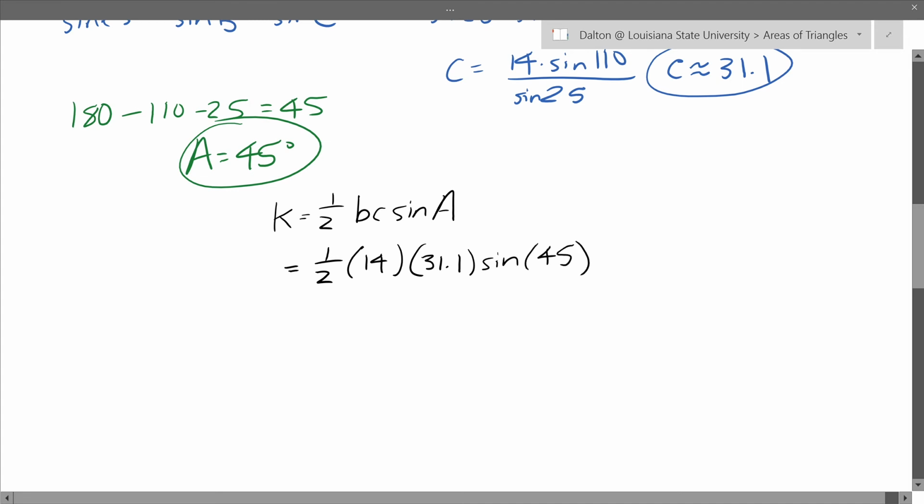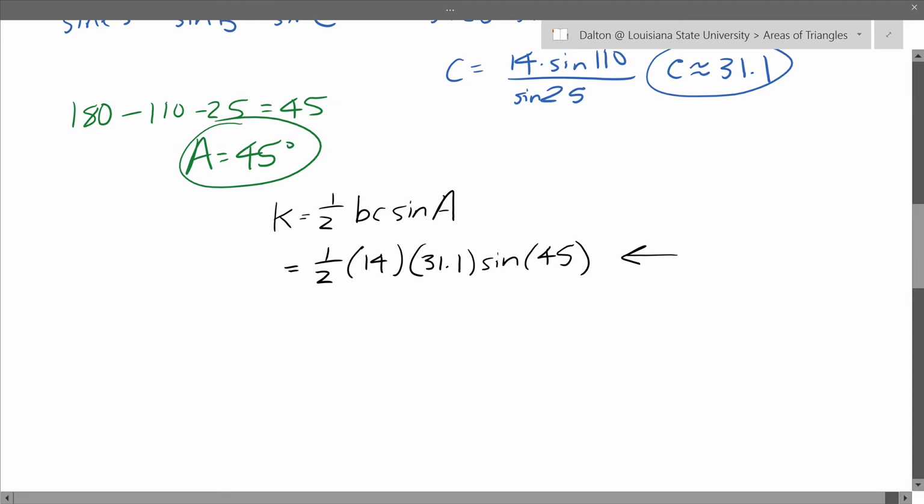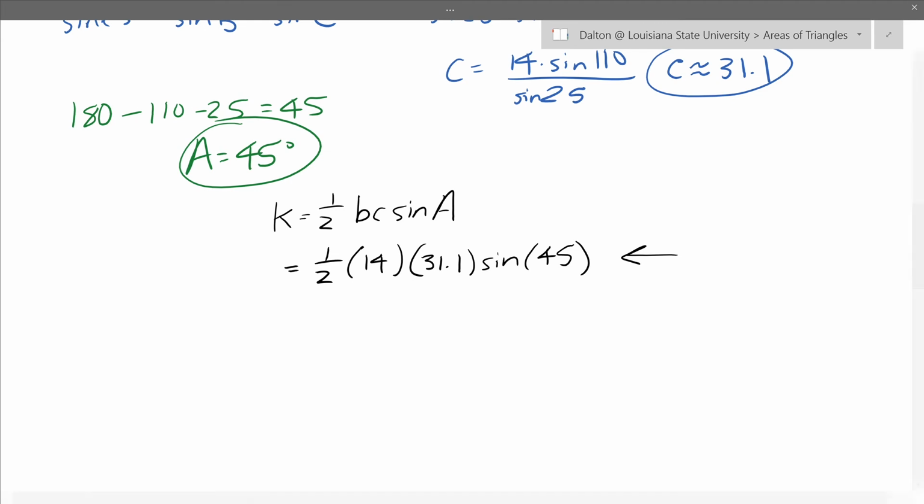So as mentioned in some of my other videos, the longer you keep true values in your calculator, the more accurate your answer is going to be. The issue is if you plug this expression into your calculator exactly as it is, you're actually going to get a different answer than what the textbook might say because you've already rounded once.